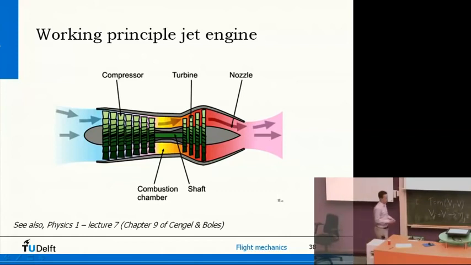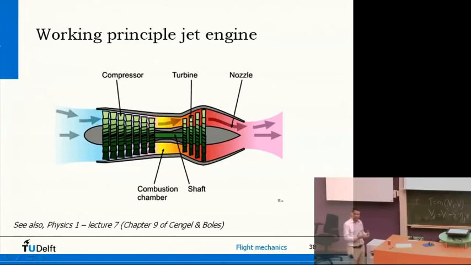Because it starts to rotate, a part of the energy is extracted out of the air, and that rotation is used to drive the compressor. But since we put a lot of energy into the gas in terms of kerosene or fuel, there's still a lot of energy left after the air has passed through the turbine.